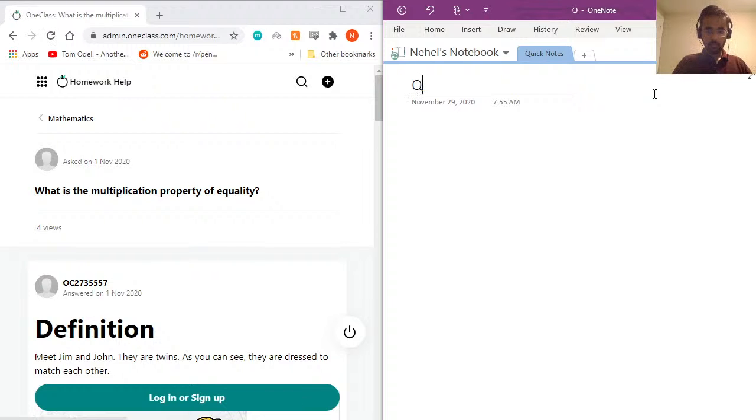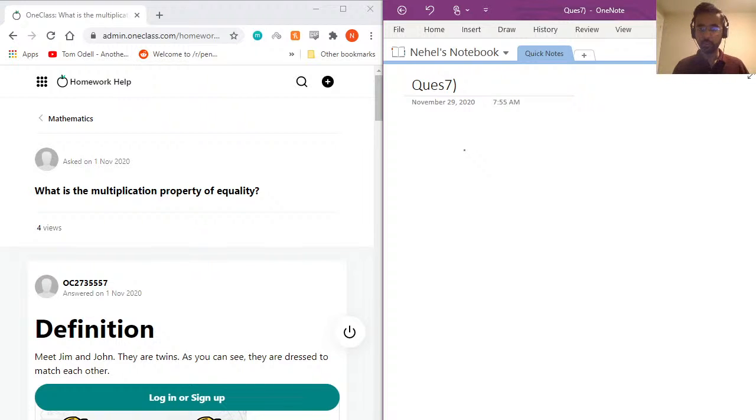Question 7. What is the multiplication property of equality? So if I have an equality, which is any expression equal to another expression, if I multiply anything on one side, I will need to multiply it on the other side as well.